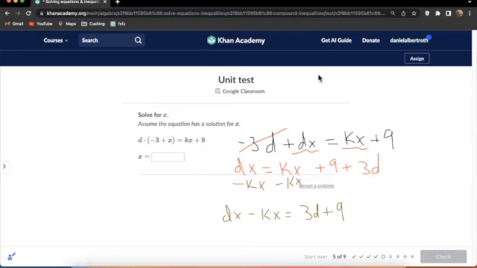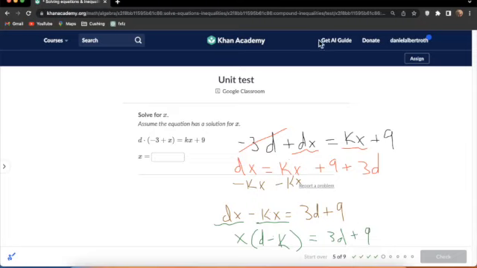Now I have the x's here. I can pull the x out of both terms. So I make this x times d minus k. If I redistributed the x, it would give me dx minus kx. That's the same thing. And 3d plus 9.